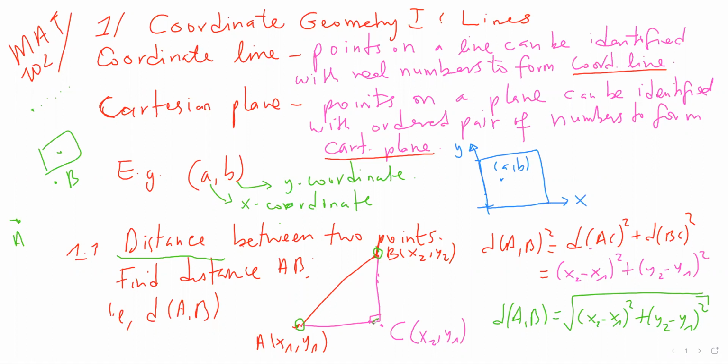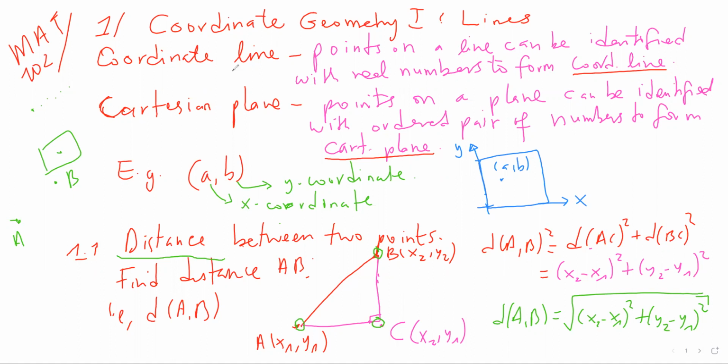So you create another point, which is 90 degrees from A and from B as well, and we call it C. So if your A is (x1, y1) and your B is (x2, y2), then your C is (x2, y1). The distance AB is found using the idea of the Pythagoras theorem.